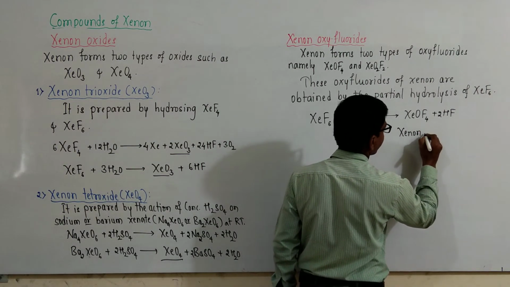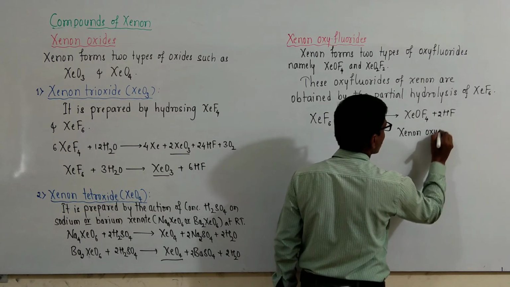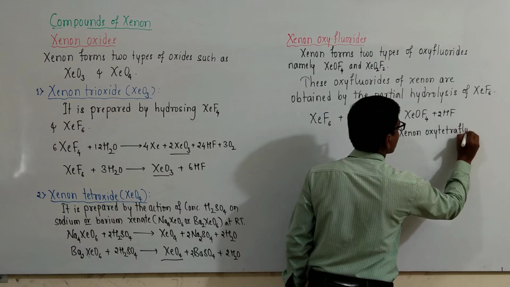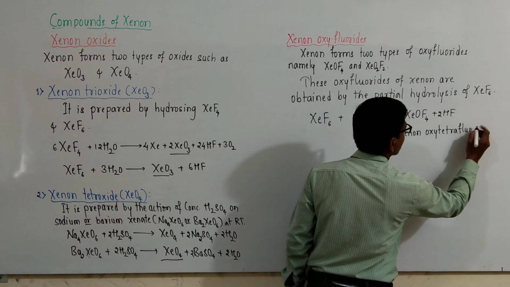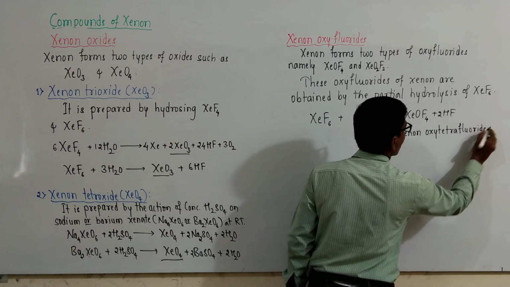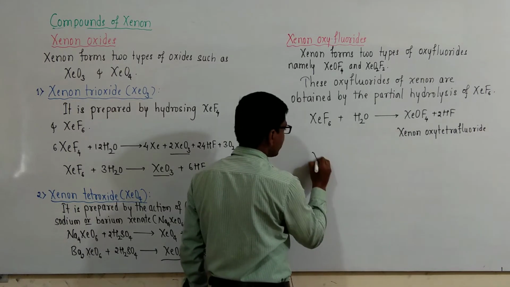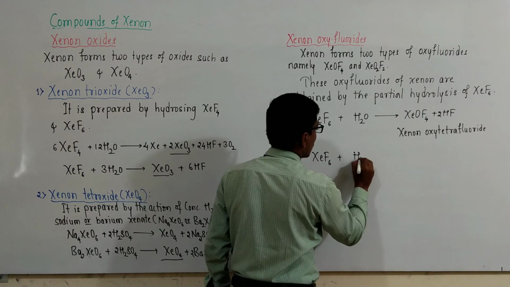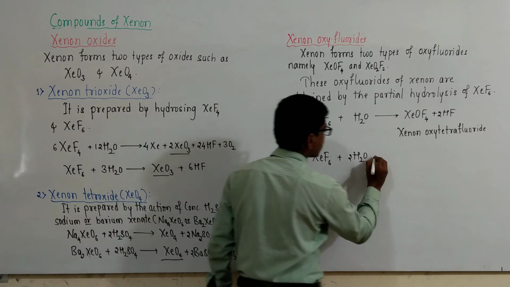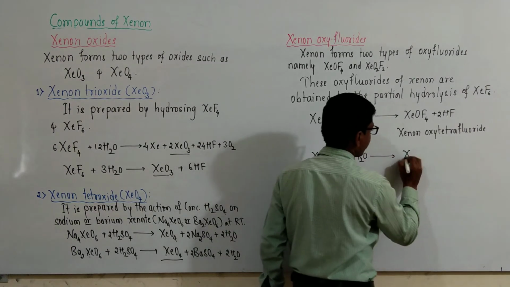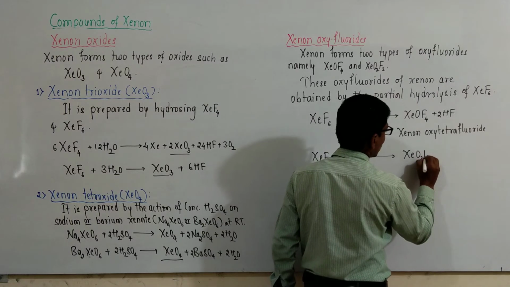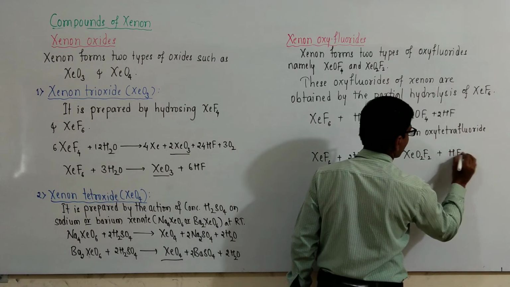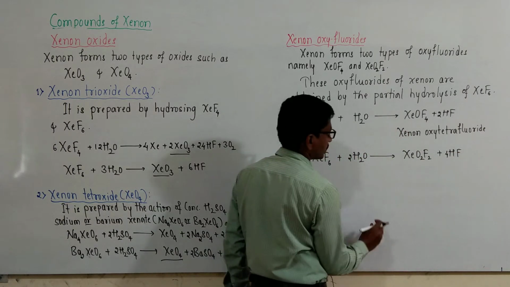This is xenon oxytetrafluoride. Similarly, xenon hexafluoride on partial hydrolysis with water forms XeO2F2 plus 4HF.